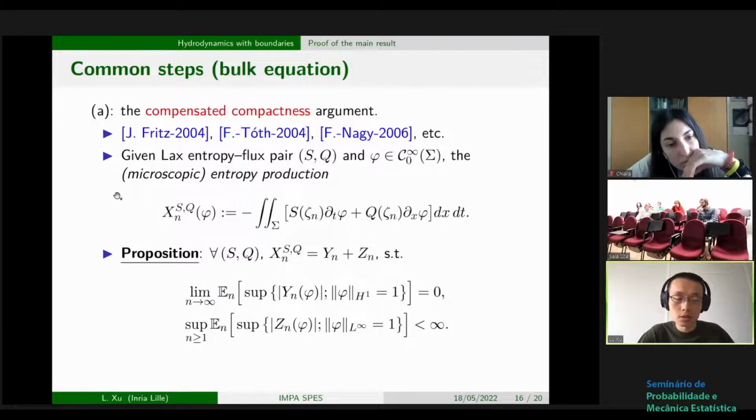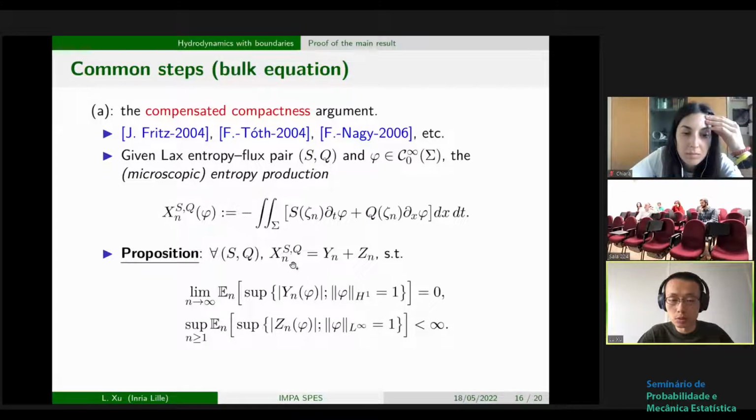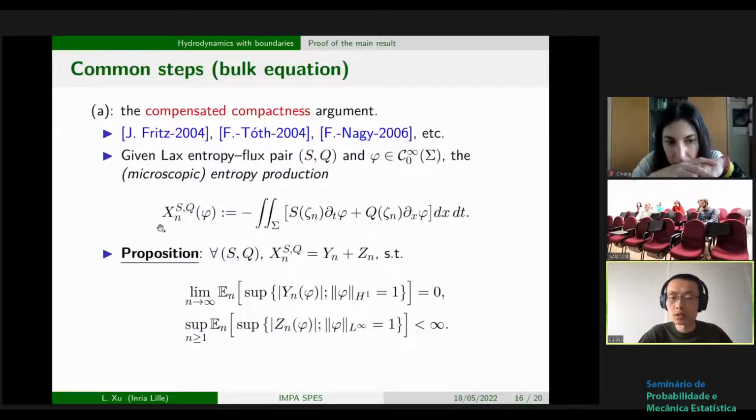And the sufficient condition for us to have an L infinite limit goes like this. We need to study carefully this production, divided into two parts. The first part vanishes in the H minus 1 space. The second part is bounded as a measure. Once we can prove this, we can say that the limit exists in the L infinite space.